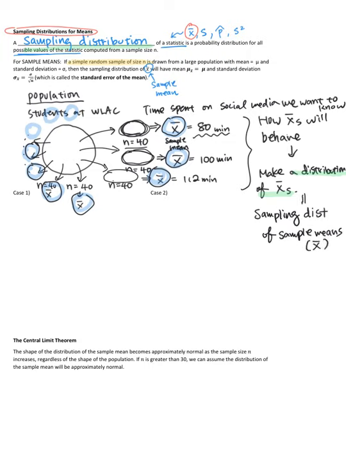So again, you start with the population, you get a bunch of samples, you calculate X bar, the sample mean, for each sample, and then you make a distribution out of them. What we're interested in is the shape of the distribution. What kind of shape does the sampling distribution of means have?